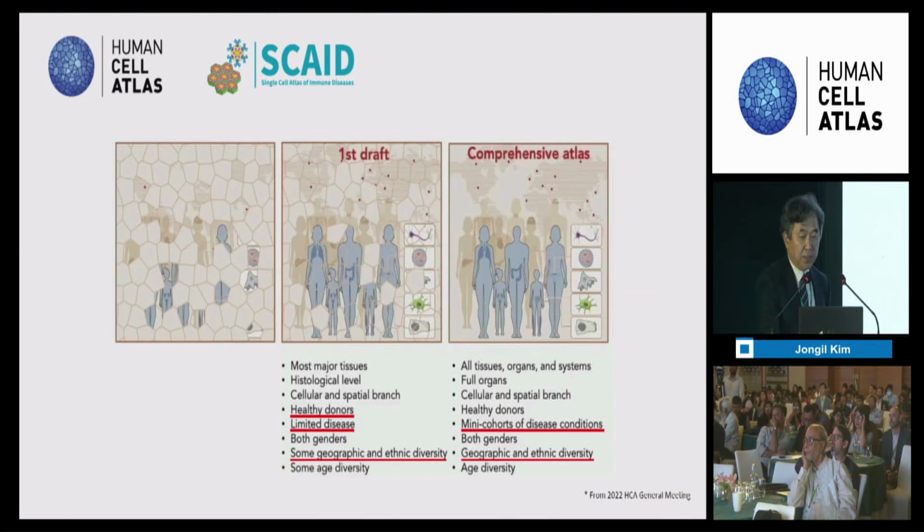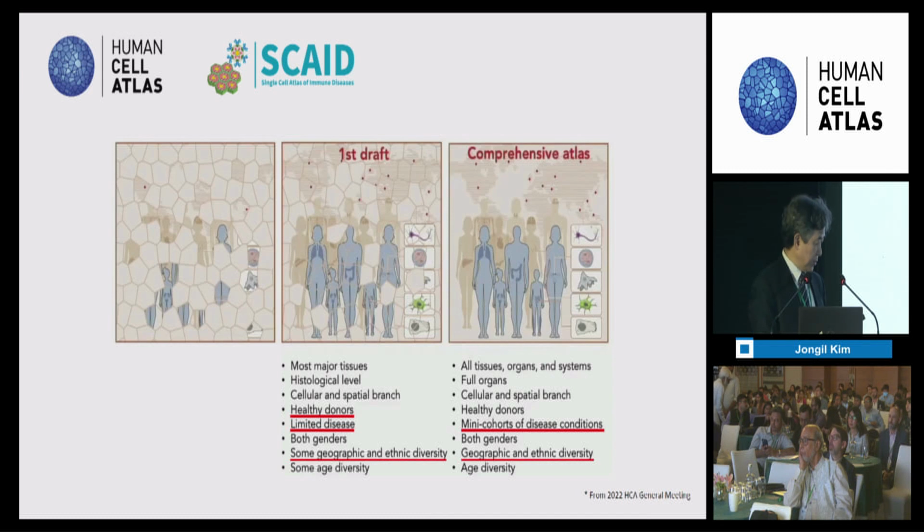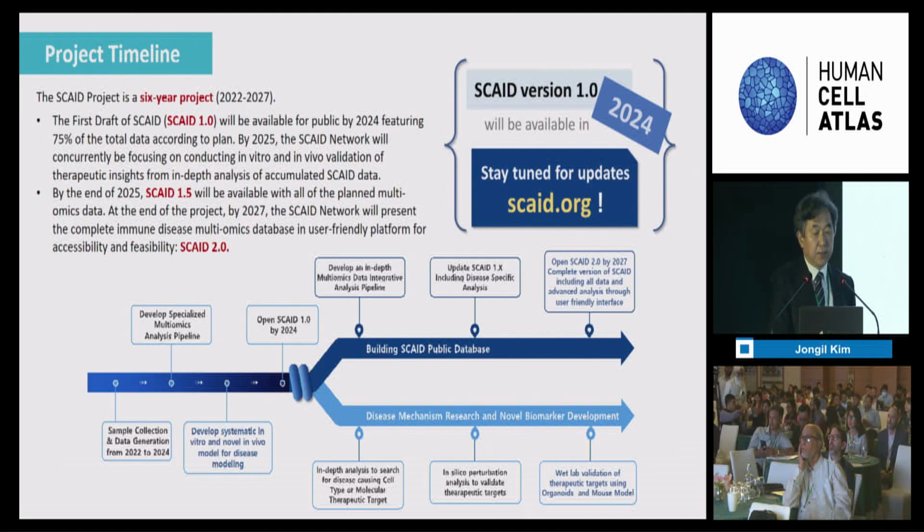I think our project is well aligned with the second phase of the Human Cell Atlas, which aims to add more patient samples and increase the geographical and ethnic diversity. We started our project last year. Now we are still in the phase of sample collection and sequencing, but we hope to open the first version of the atlas by the end of next year.